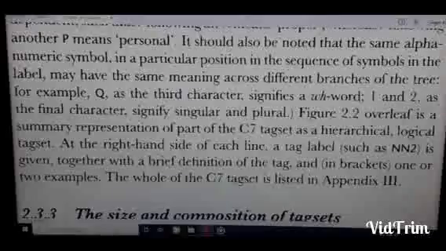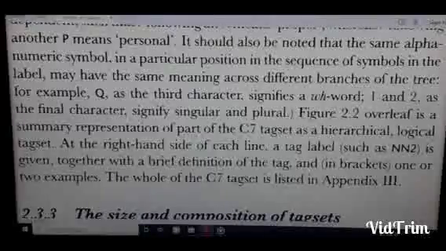For example, Q as the third character signifies a WH word, 1 and 2 as the final characters signify singular and plural. Figure 2.2 overleaf is a summary representation of part of the C7 tagset as a hierarchical logical tagset.